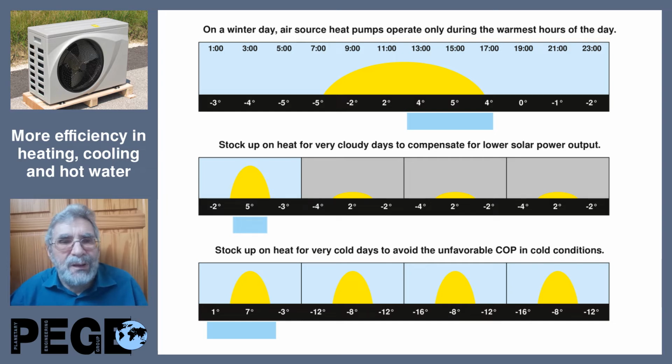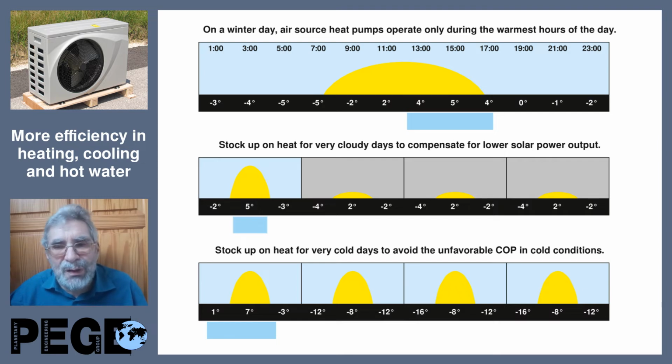Normally, a heat pump works all day round. Oh, the air heat pump works at 5 o'clock in the morning, it's very cold, and the heat pump works. Oh, very inefficient method. We have in winter in Middle Europe usually a 10-degree difference between the coldest hour of the day and the warmest hour of the day.